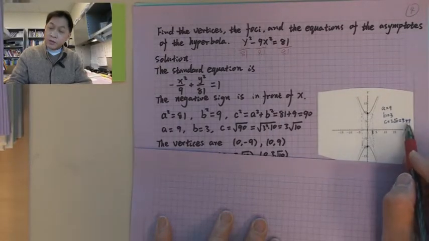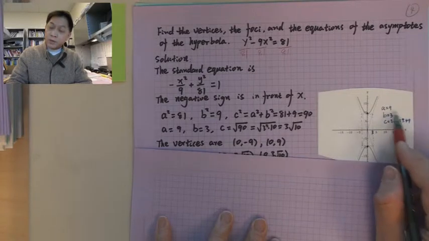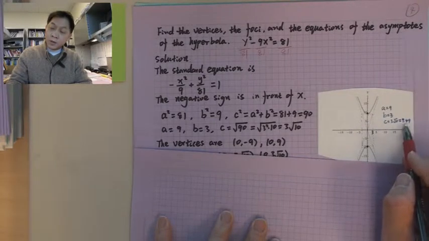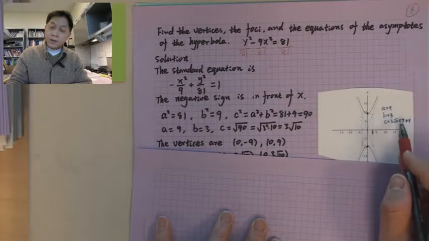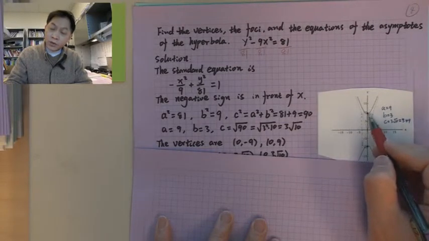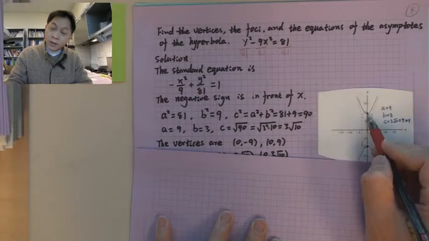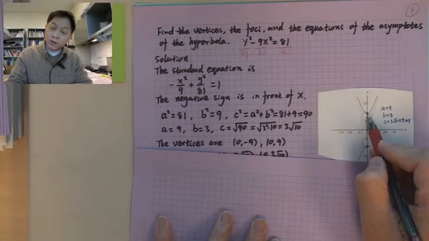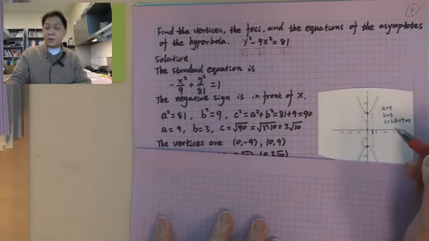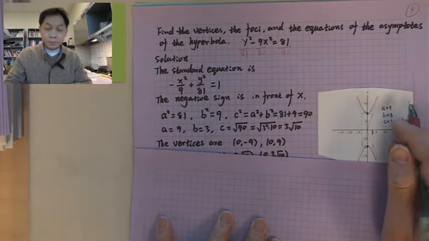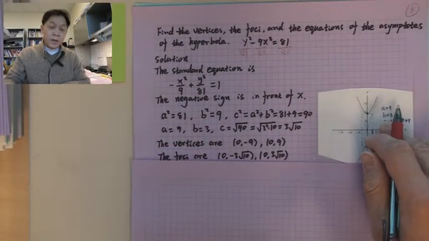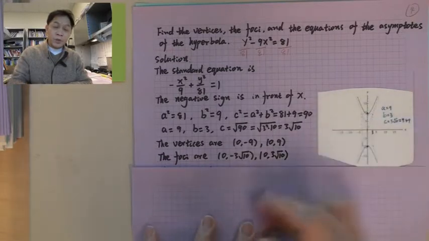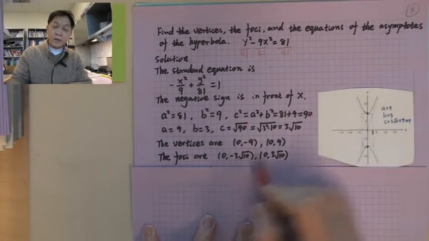So 9.49, this one is slightly higher than that. That's why those two are too close. The vertices and focal points are very close in this case. All right. So foci will be 0, negative 3 radical 10.